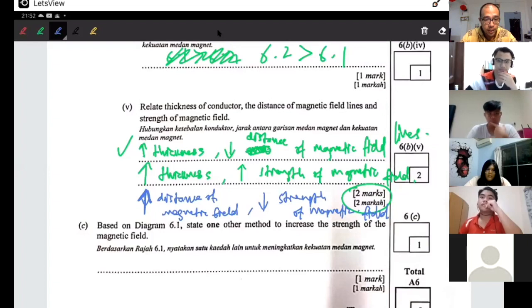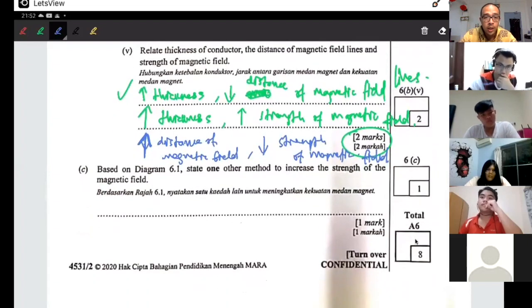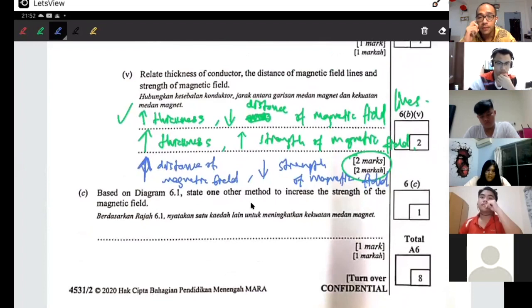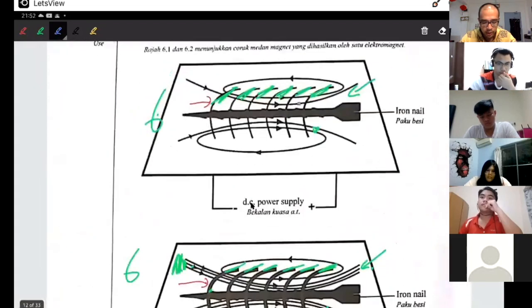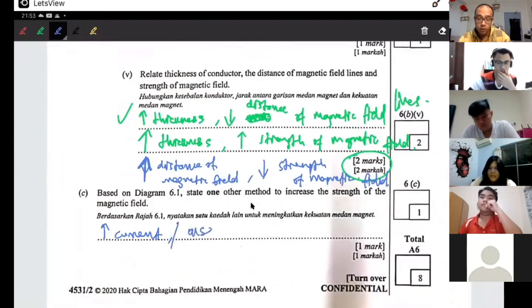The next one: based on diagram 6.1, state one other method to increase the strength of the magnetic field. This one is easy. How can I increase the strength of this magnetic field? You either increase the current, or use our good friend, the soft iron core.